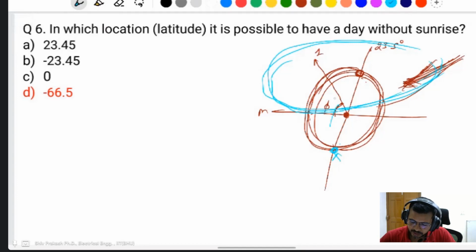The latitude angle will be negative, but if it goes there, then it will find minus of 66.5 because of 90 degree. This will be 90 degree minus of 90 degree.